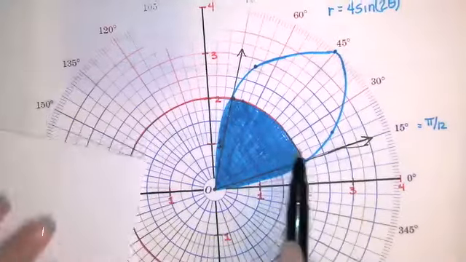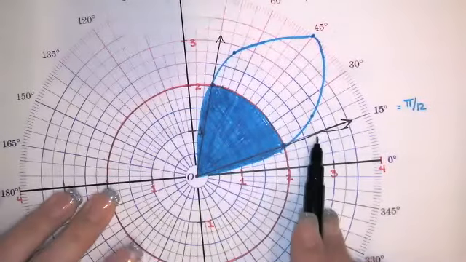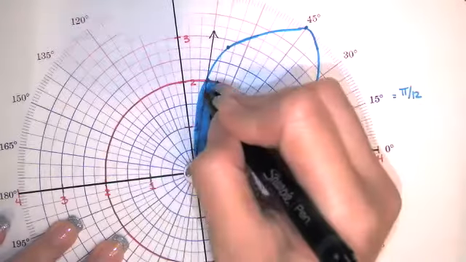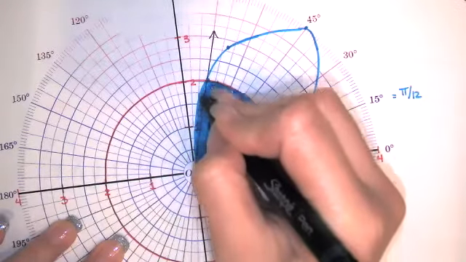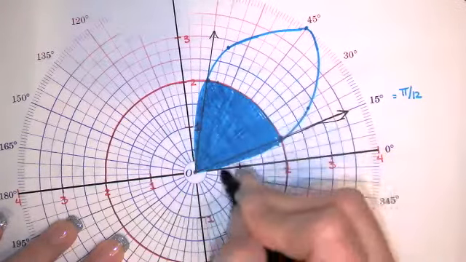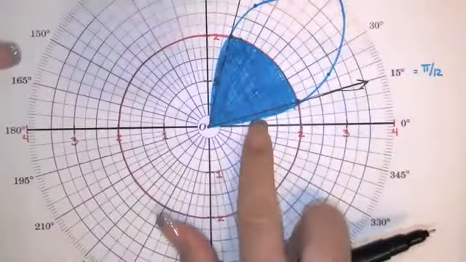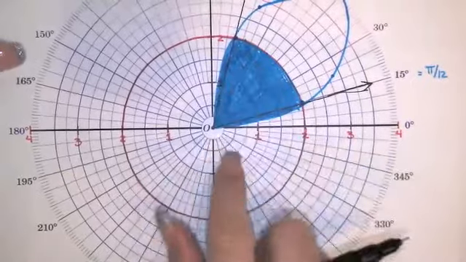So if I integrate from pi over 12 to 5 pi over 12, I'm going to get this area right here, but I'm going to be wrong. I'm going to miss part of the area. There's a little piece of area that goes right here and right here. So we're going to have to find that area, and that area, and then we'll add them all together.